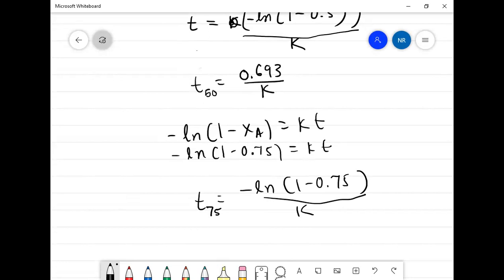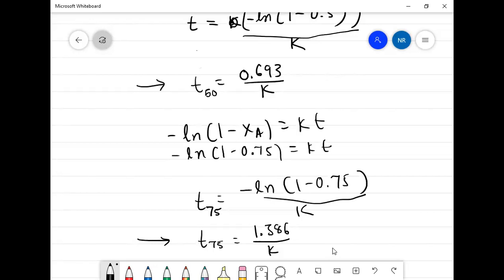How much? 1.386 divided by k. Okay. So can you see T50 and T75? What will be 0.693 multiplied by 2? So what will be the answer? 1.386. So we can say T75 requires double the time compared to T50.